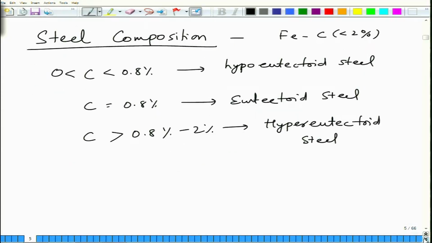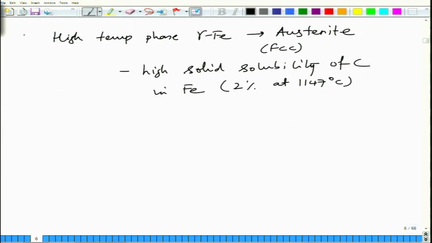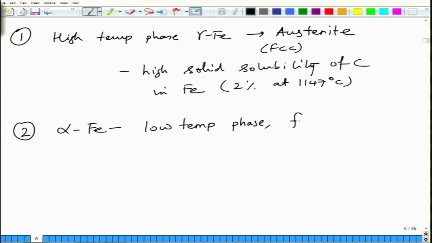The second phase in this phase diagram is alpha Fe, which is the low temperature phase, known as ferrite. Ferrite is BCC structured.